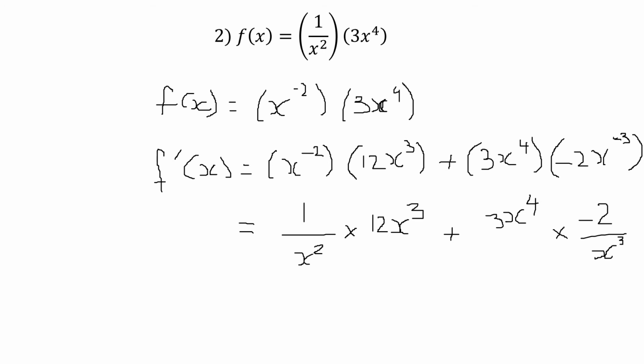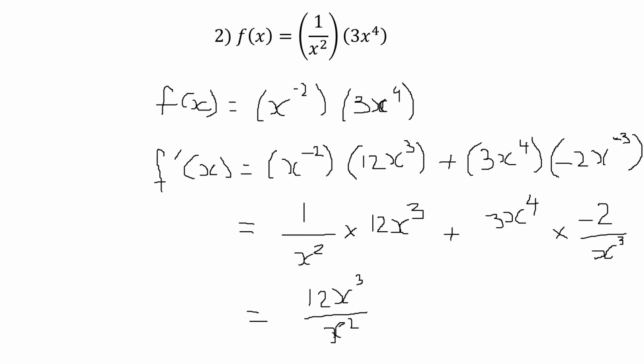Yep, that's it. And let's see if we could simplify even further. So in the first part of this question here, we have 12x. So simplifying further, we have 12x cubed all over x squared, minus, sorry, I just saw the sign there, it will be minus.